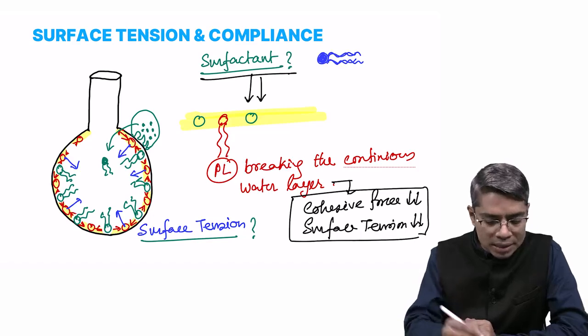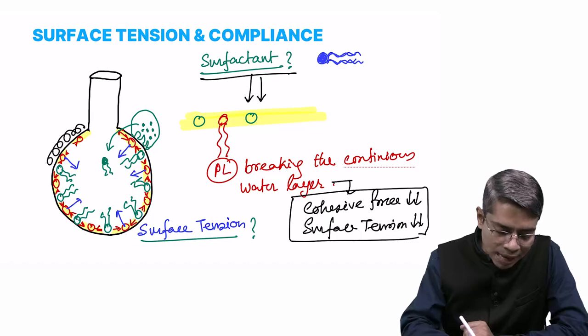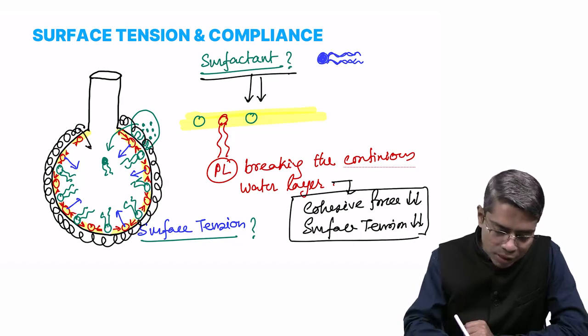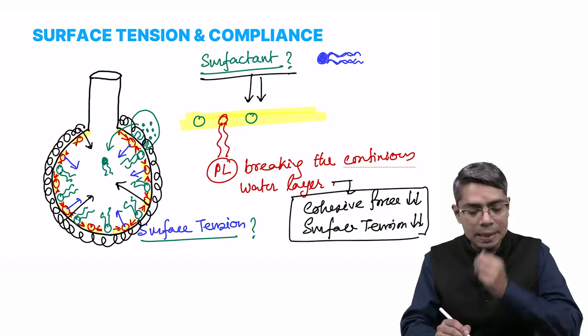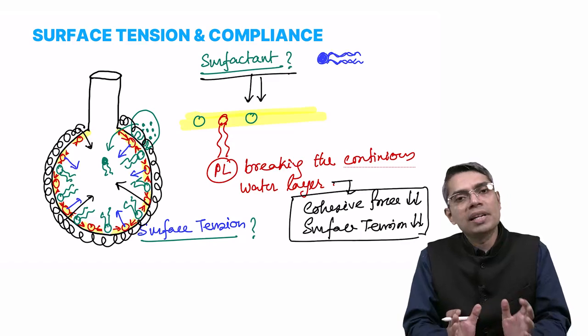Now, is surface tension the only opposing force? No, we have already seen that surrounding the alveoli is the elastic tissue. The elastic tissue also has a tendency to recoil in the inward direction, meaning elastic tissue will also try to cause collapse of the alveoli, that we have already seen.